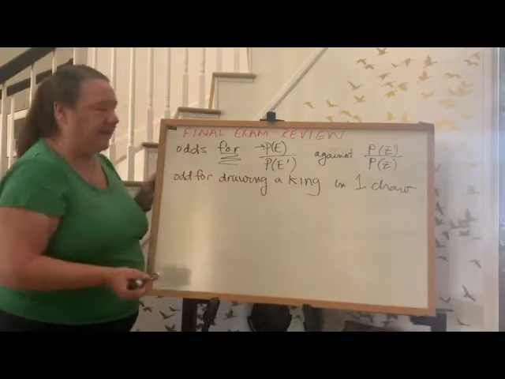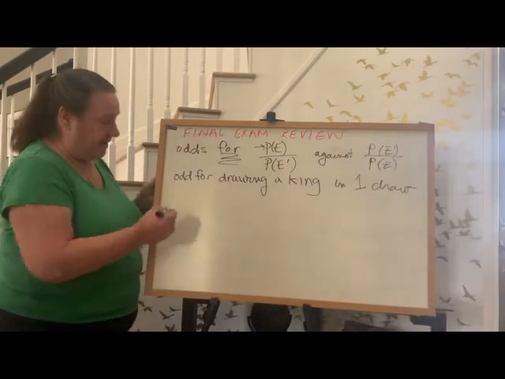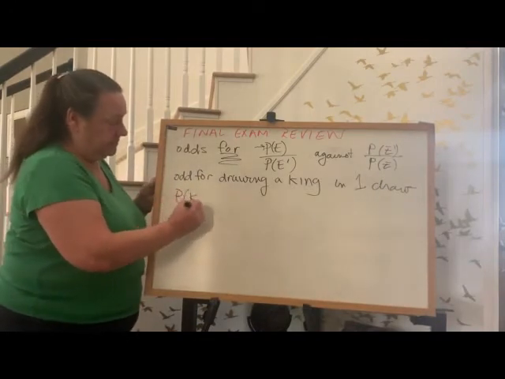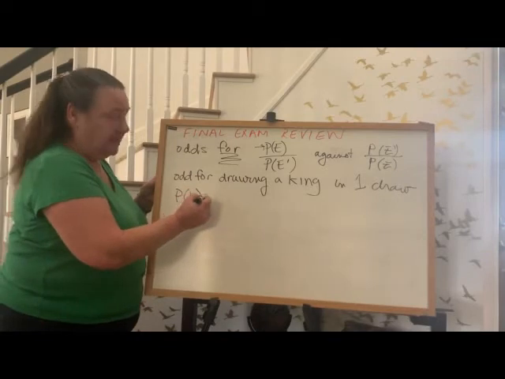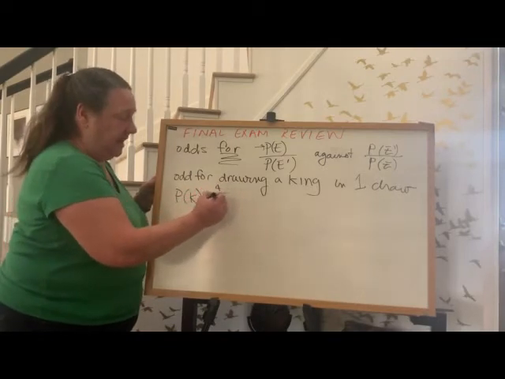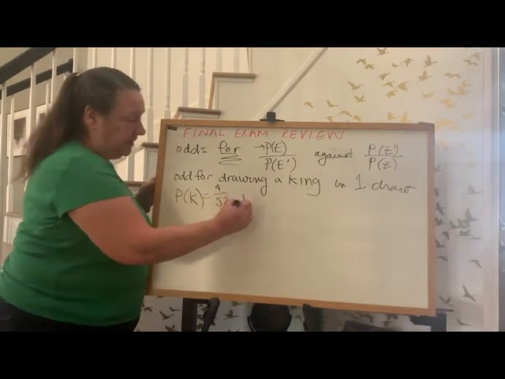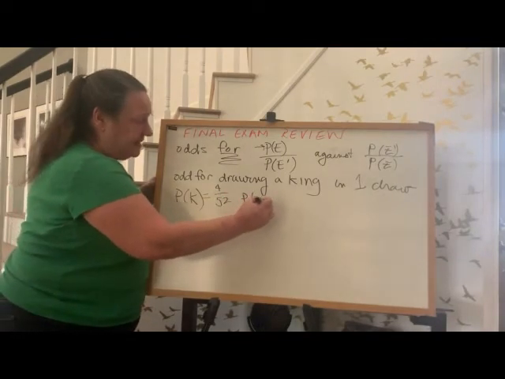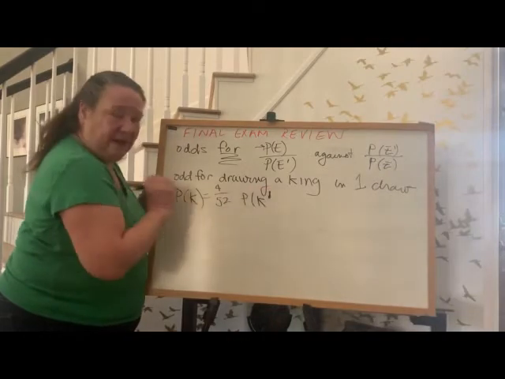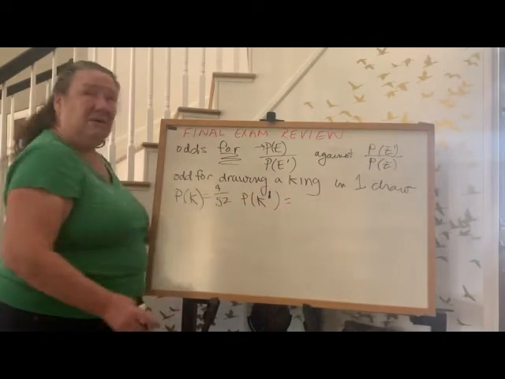Well, the probability of drawing a king. There are 4 kings in your deck, and there's 52 cards. Okay, what's the probability of not, remember that, drawing a king? Well, what is not a king in the deck?